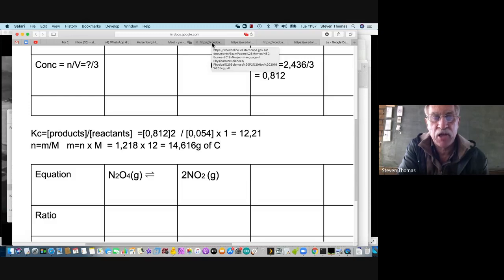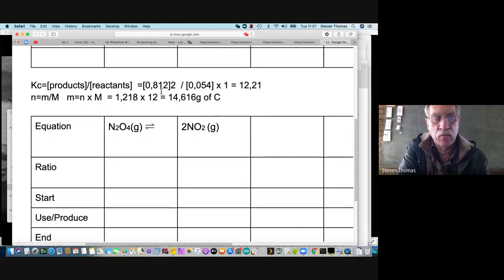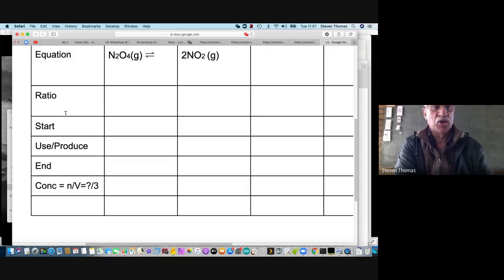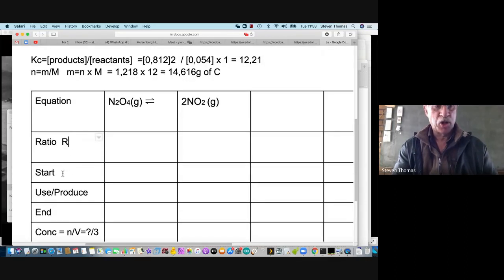And every exam, every year, they're going to give you a table like this. So some people call this a RICE table. R for ratio, start, they say, is initial, I. C for change.